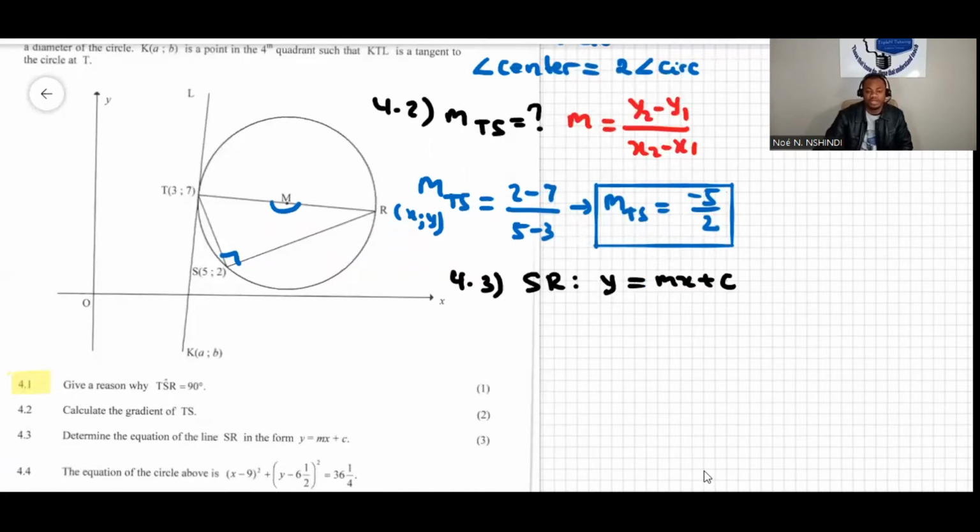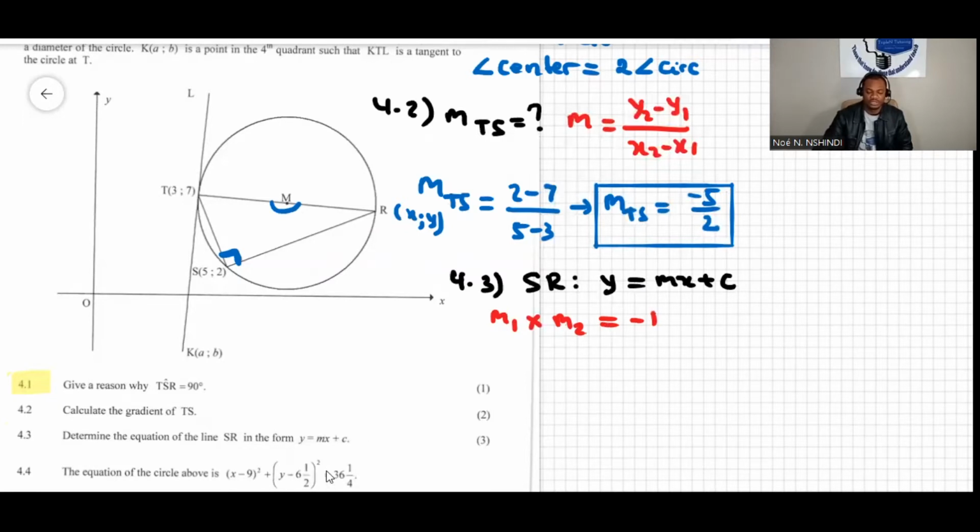Because we know that perpendicular lines form an angle of 90 degrees, and we also know that the product of the gradients of perpendicular lines is equal to -1.